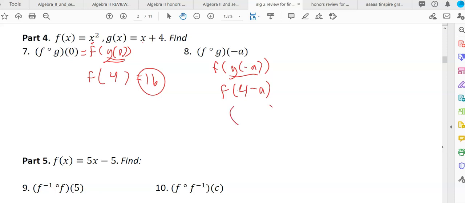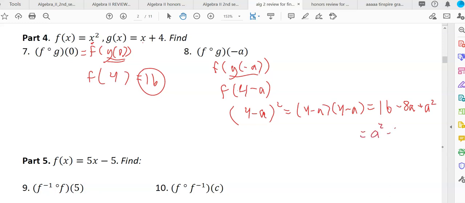So instead of x squared, it's going to be 4 minus a squared, which is 4 minus a times 4 minus a, which is 16 minus 8a plus a squared. And probably just for fun, we change the form of that because we like this form better.